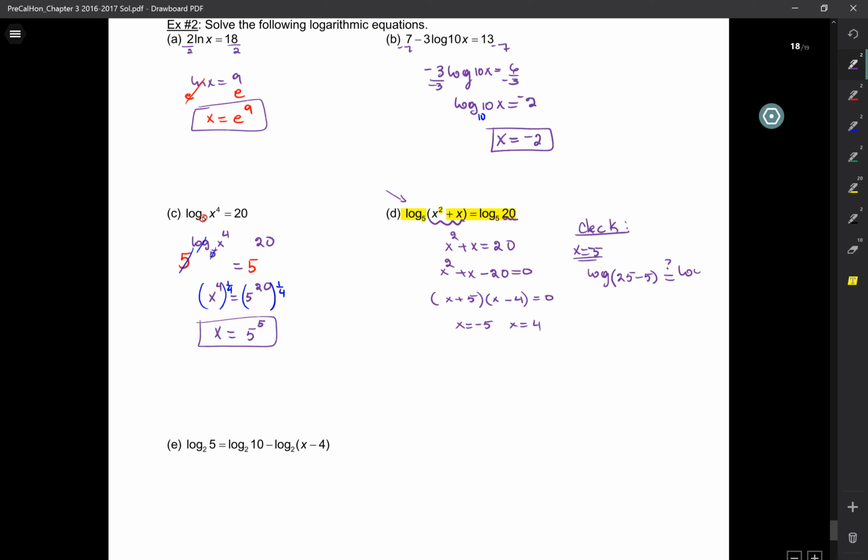Is this equal to log base 5 of 20? Well, it looks like it would be. And now let's check x equals 4. Is log base 5, 16 plus 4, equal to log base 5 of 20? Well, looks like that one is too, so both of these are the answer.